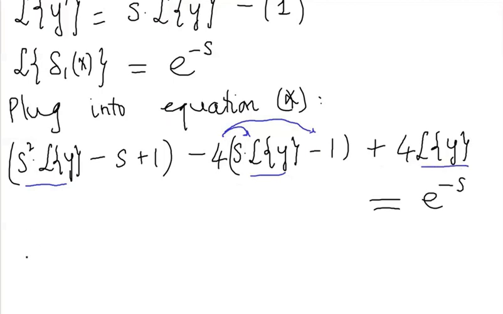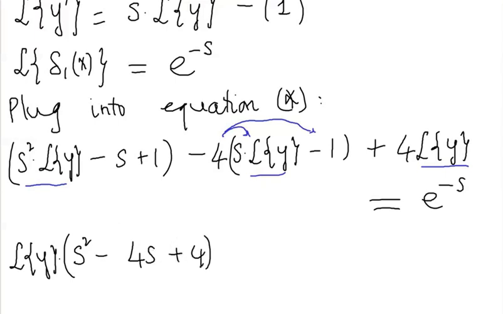We keep on the left side terms with the Laplace transform, and we factor that out. We have s squared. When we distribute, we have minus 4s, and lastly we have 4 equal to e to the minus s.